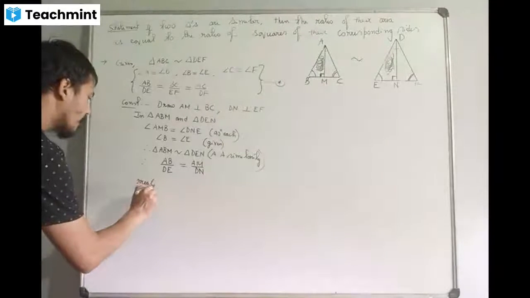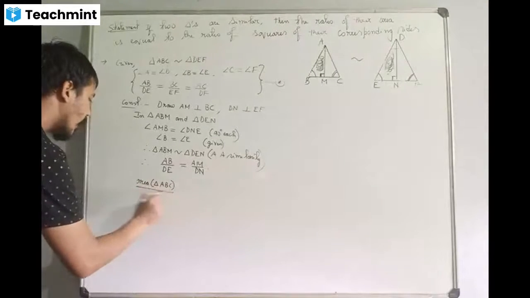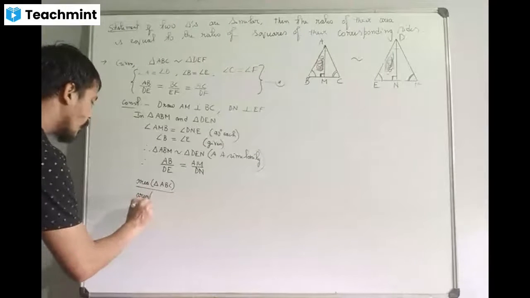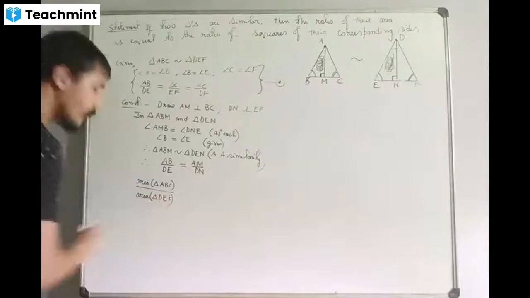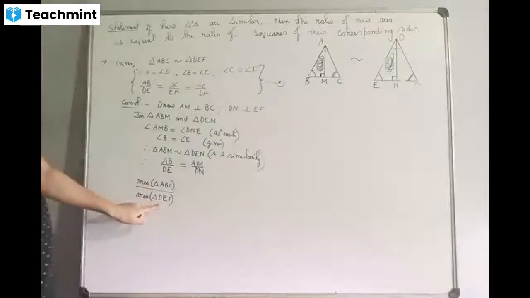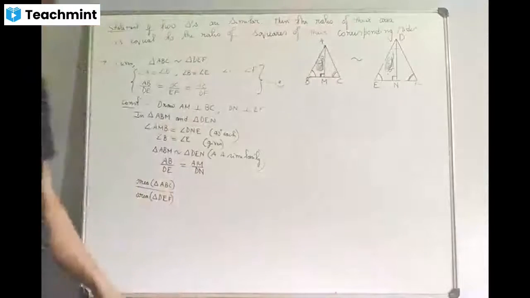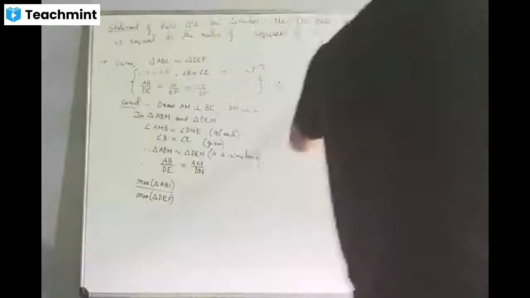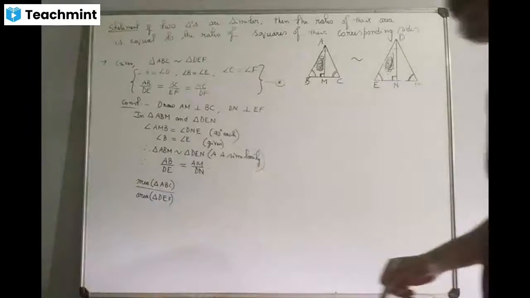Area of triangle ABC upon area of triangle DEF. I'm going to find out the ratio of the area of two given triangles. Your given triangles are ABC and DEF. So I'm going to find out the ratio of their area.